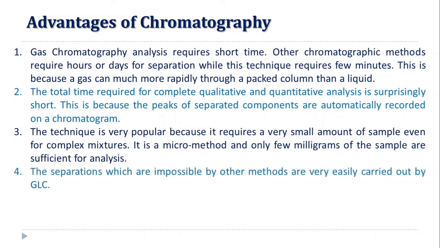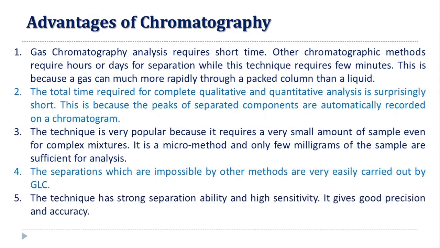See, this method is good for carrying out the separation of very complex mixtures. The technique has a strong separation ability and high sensitivity, so it can give good precision as well as accuracy. This is an instrumental method, and if it is an instrumental method there is high precision as well as high accuracy. So we can repeat the same chromatogram for the same sample.